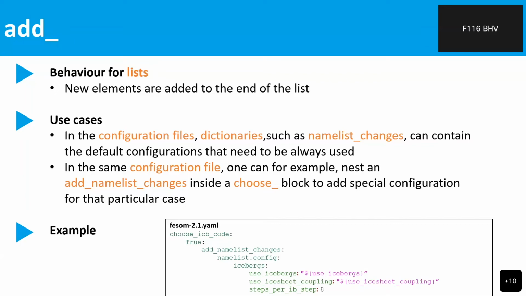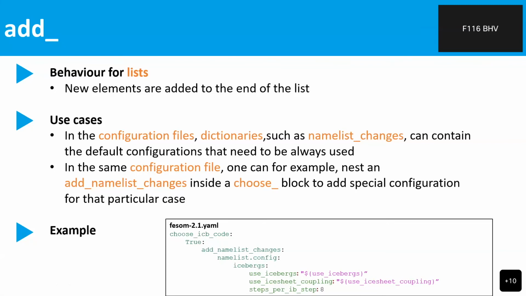So we are adding a new section into the name list config, and within this new section we are adding a set of variables that basically trigger the icebergs on. This is going to be merged complementarily, but this variable doesn't exist in the template, which means it's not going to overwrite anything. It's just going to put it there. And that's the use case for this.